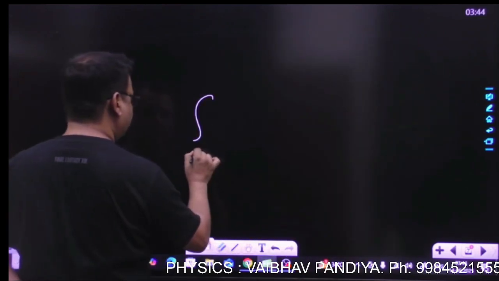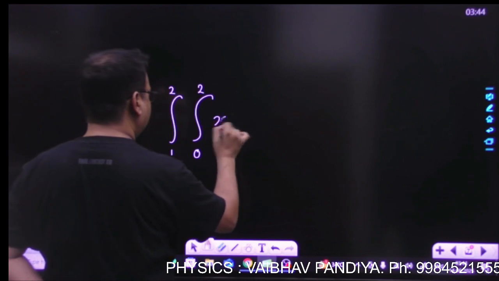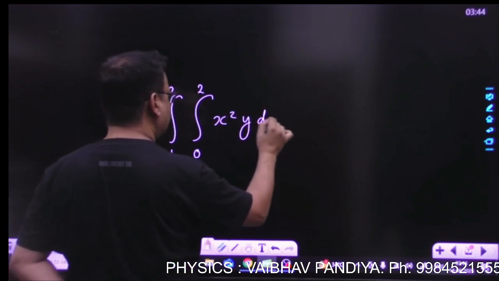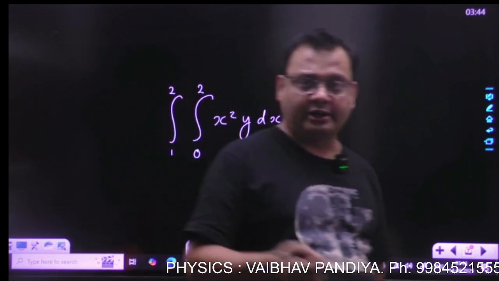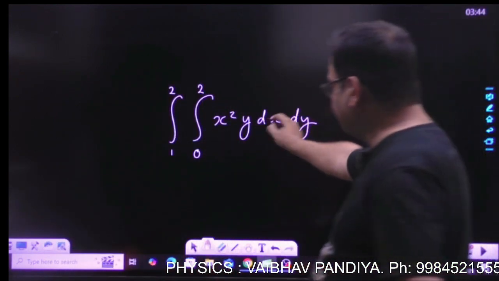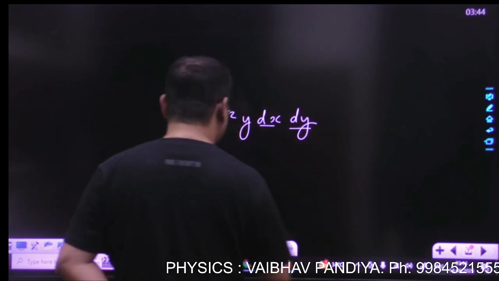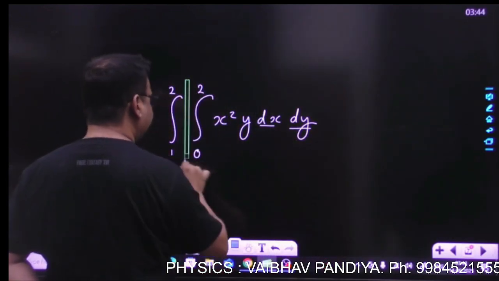Let me illustrate one basic example. Suppose we have the integral from 0 to 2, 1 to 2, of x square y dx dy. Here you can see it is an integrated integral, because we have multiple variables and two elements of integration, two integral signs. As I told you, you start integrating with the inner integral.